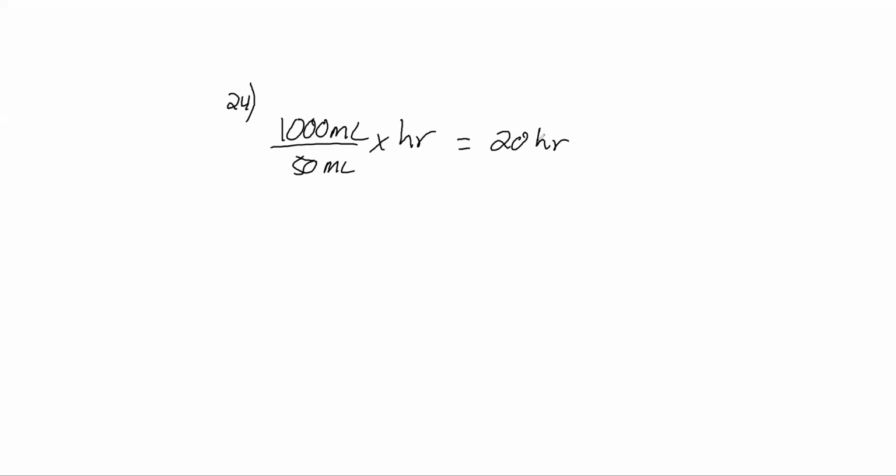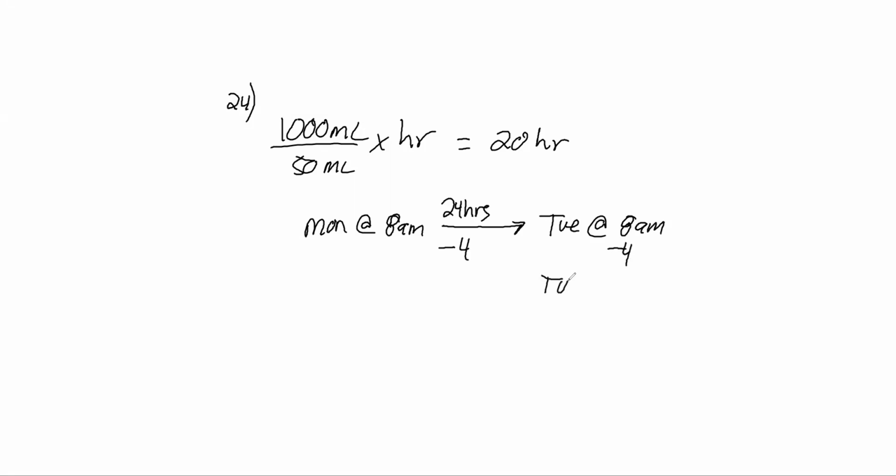And the way that I did this, and you probably already got this right, is if it started Monday at 8 a.m., and then let's say it was 24 hours later, then that would be Tuesday at 8 a.m. But since it was only 20 hours, we just subtract 4, so your answer would be Tuesday at 4 a.m.